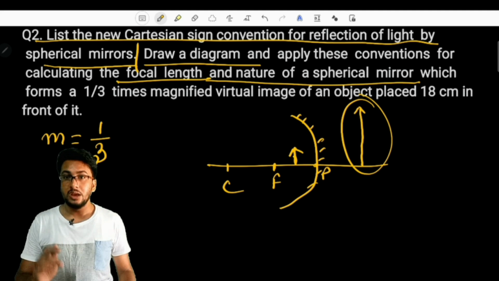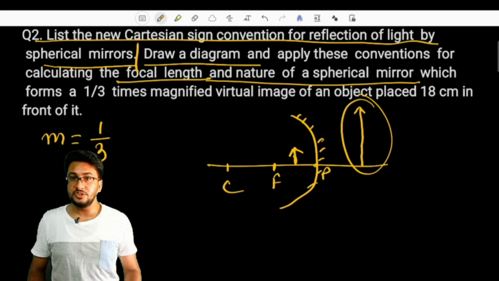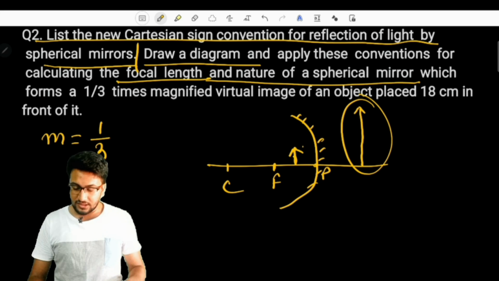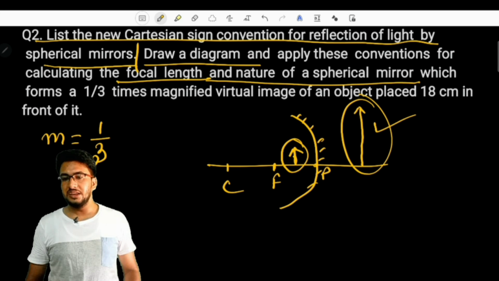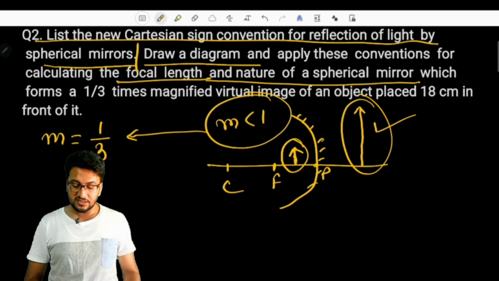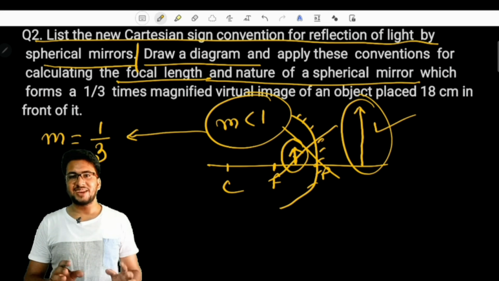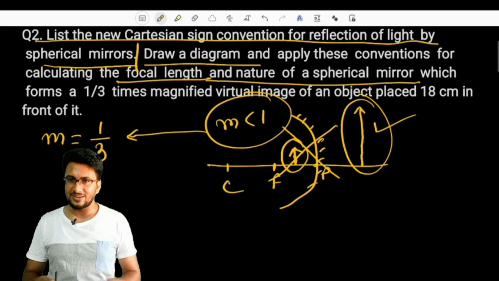In case of a concave mirror, the 6th case of the concave mirror will be seen here. If we see the 6th case that we discussed in previous lectures, we can see that the small object was placed and we get a bigger image. Definitely if this is so, then we are not able to get a magnification less than 1, but here magnification is given as less than 1, which is 1 by 3. That means the case of the concave mirror will not be sustained here. So a virtual image is forming and the magnification is less than 1, that means the convex mirror case arises here.